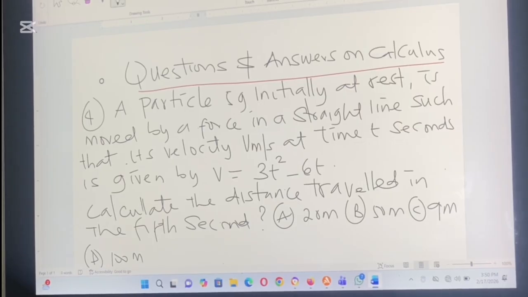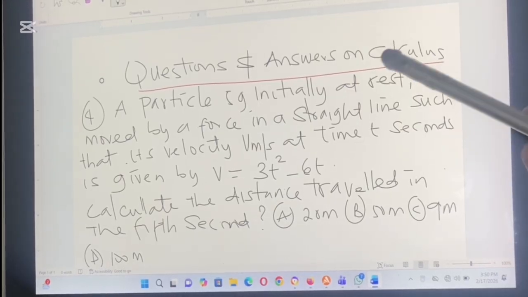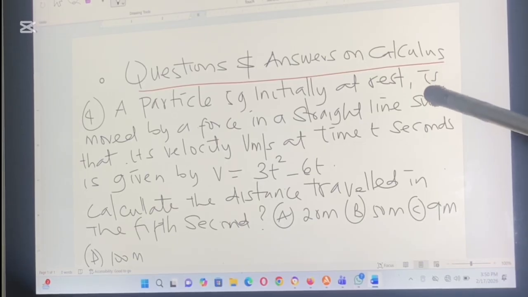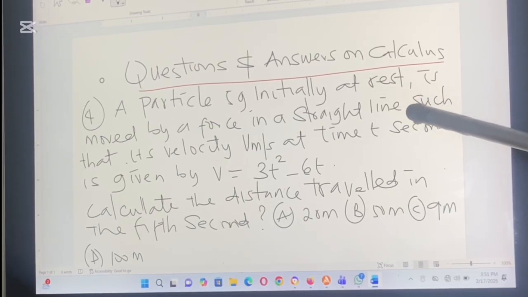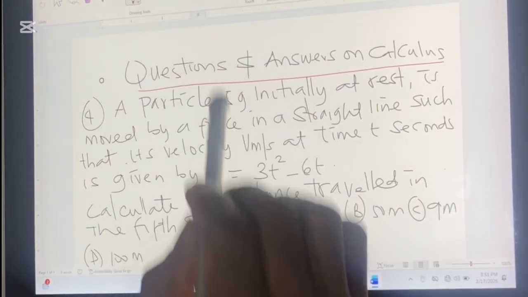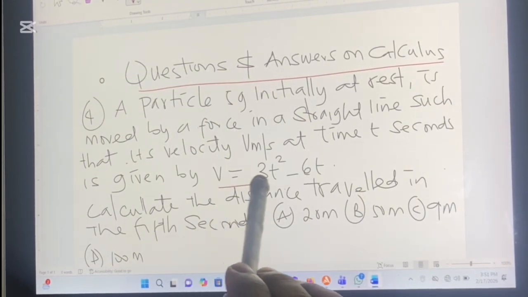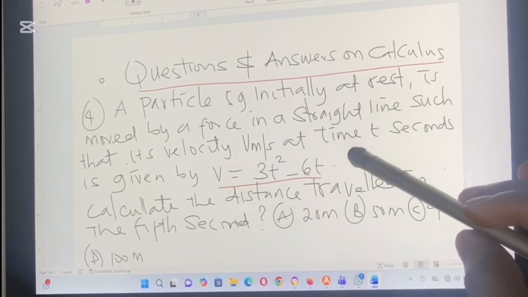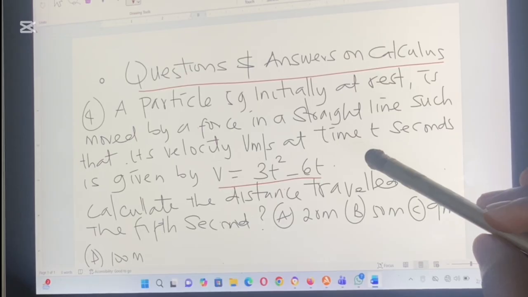Question 4. They said a particle of 5 gram initially at rest is moved by a force in a straight line such that its velocity v meters per second at time t seconds is given by v equal to 3t squared minus 6t.